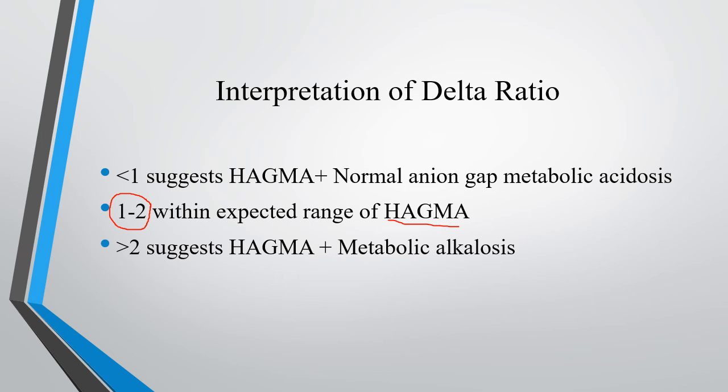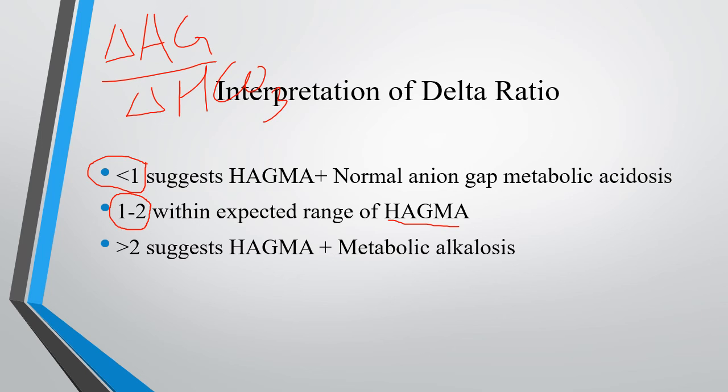Now what if the delta ratio is below 1? What does that indicate? Let us write the delta ratio: delta anion gap by delta bicarbonate. If the delta ratio is less than 1, it suggests that the denominator is high. The change in bicarbonate is high, which means that bicarbonate is being lost elsewhere.